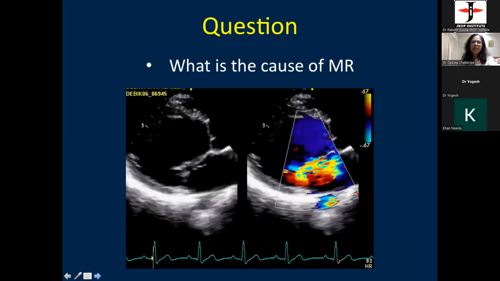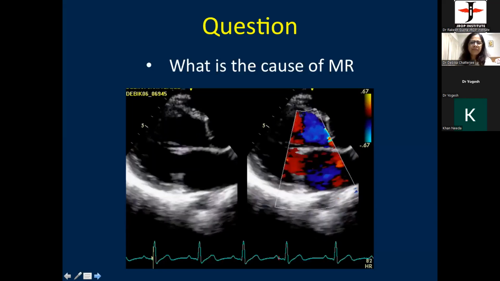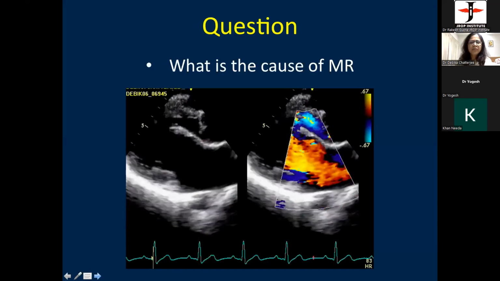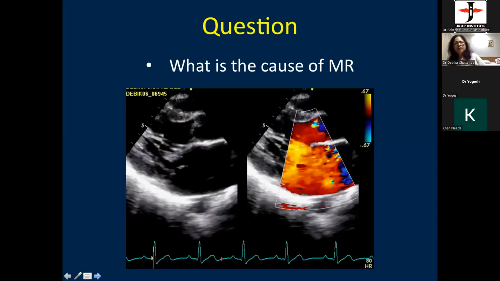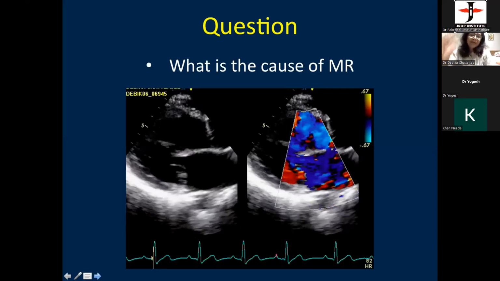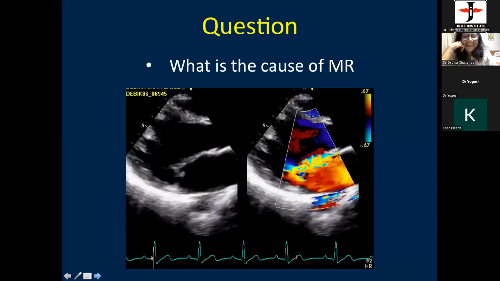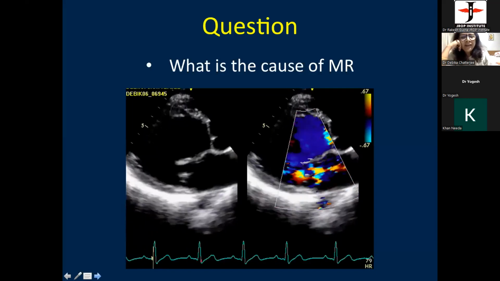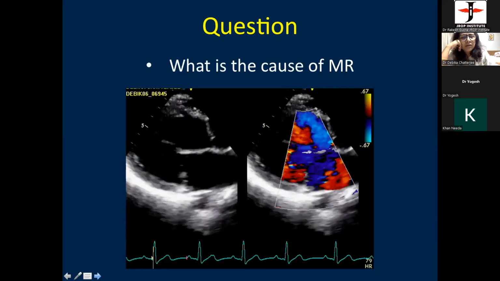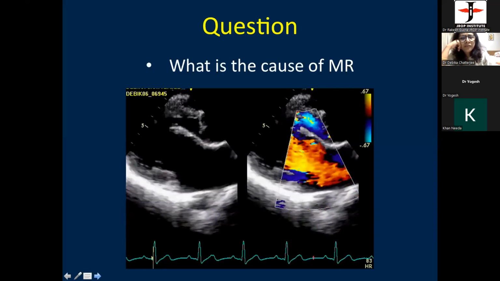Sai Prasad, what is the cause of MR in this case? It looks like rheumatic, madam. Why? Where is the trauma? Because the last case was rheumatic. Not like that. Then tell, what are the findings you think favor the diagnosis? Just concentrate on the black and white film.